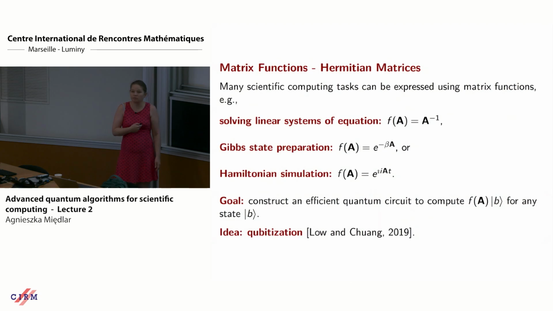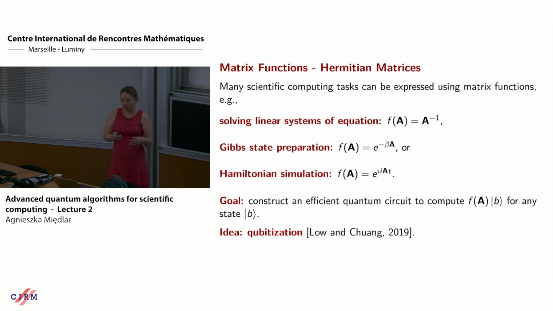Some of you may have seen functions of matrices, but what does it mean to take an exponential function when the argument is a matrix? And Hamiltonian simulation, another object which you have seen already on Monday.